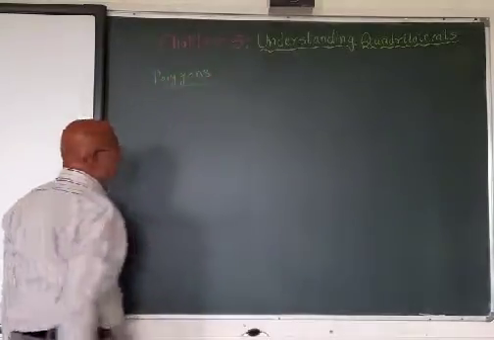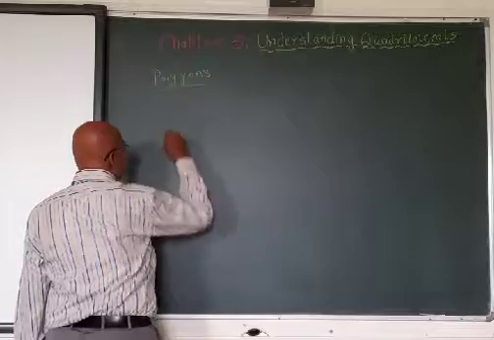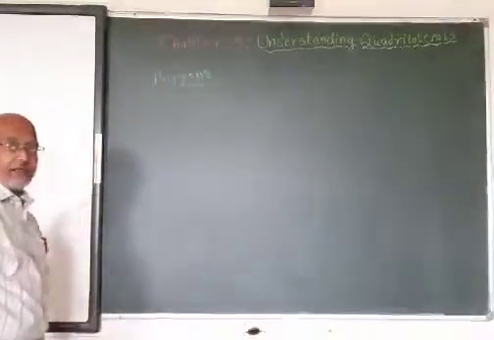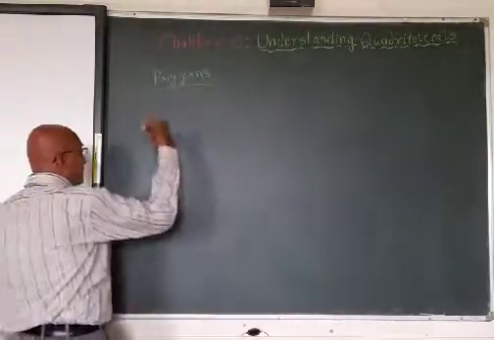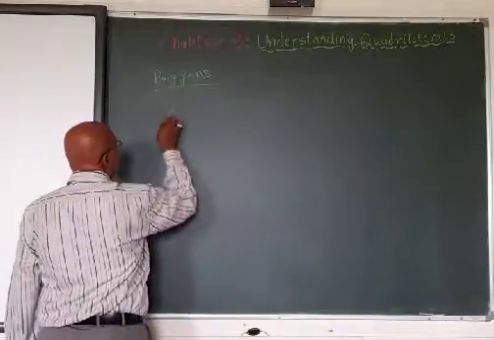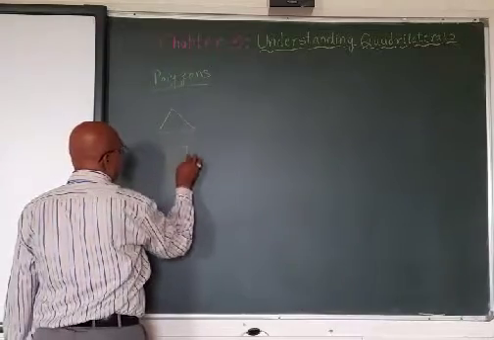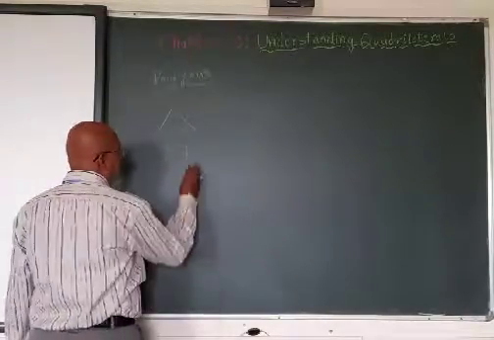So when we say polygon, it means a multi-sided figure. Now, with two sides we cannot close a figure. So obviously there should be a minimum of 3 sides. So a triangle is a polygon. Then a 4-sided quadrilateral is a polygon.